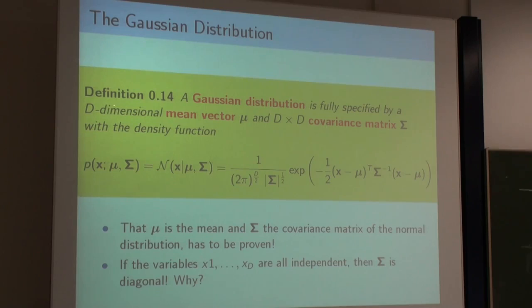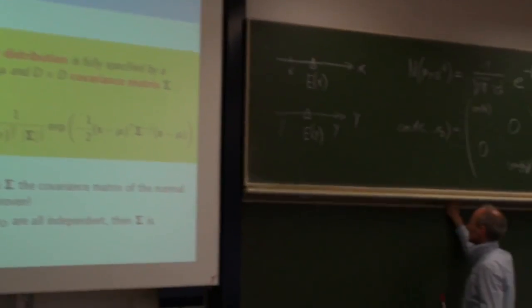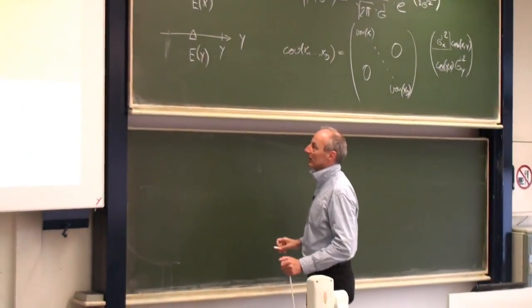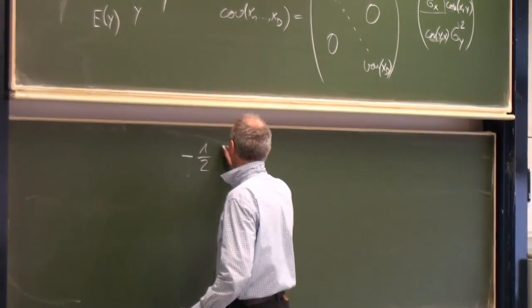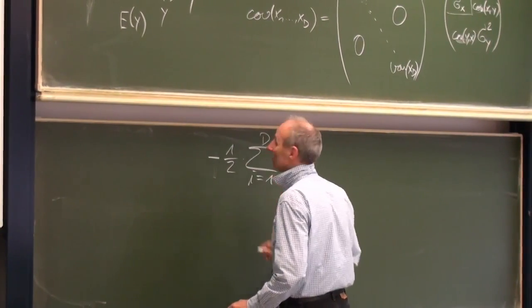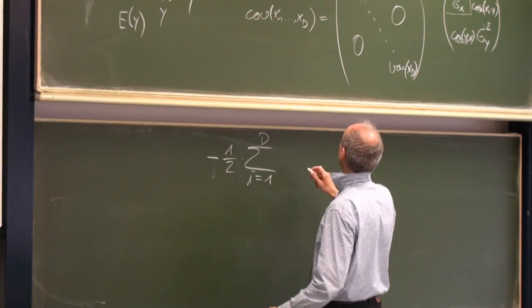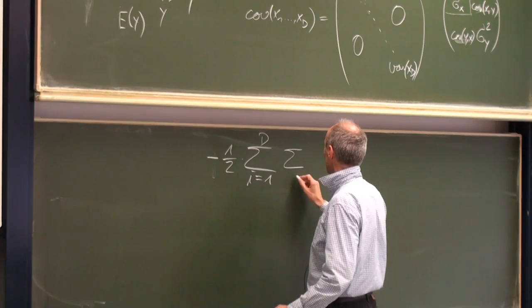And now if you apply this to such a diagonal covariance matrix, then your exponent finally is minus 1/2 times the sum over i equal 1 to d of sigma.